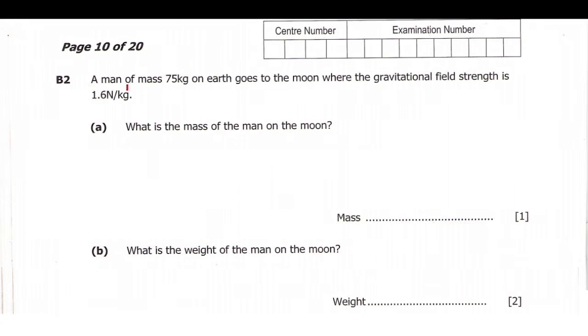B2 reads, a man of mass 75 kilograms on Earth goes to the moon where the gravitational field strength is 1.6 Newton per kilogram.